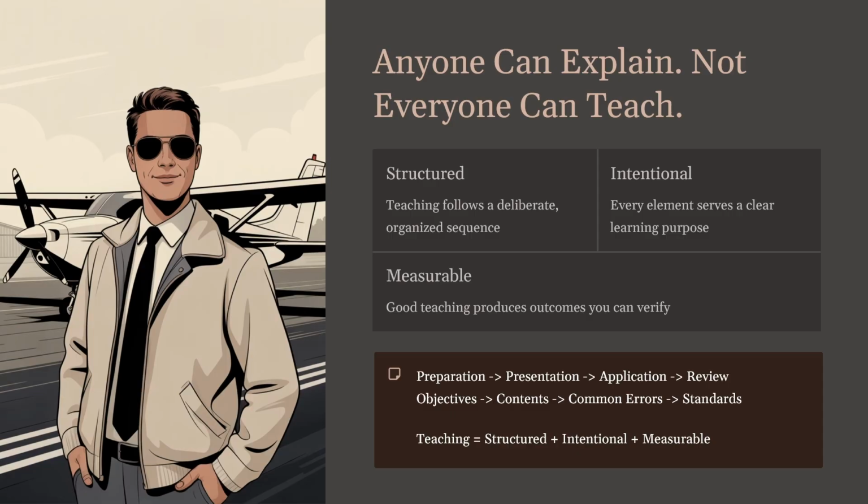We should feel like we had a clear goal, we worked toward it, and now we can tell how the student did. That's why I like this structure shown on the slide: preparation, presentation, application, and review. That sequence gives the lesson a beginning, middle, and an end. And it keeps both the instructor and the student on track.